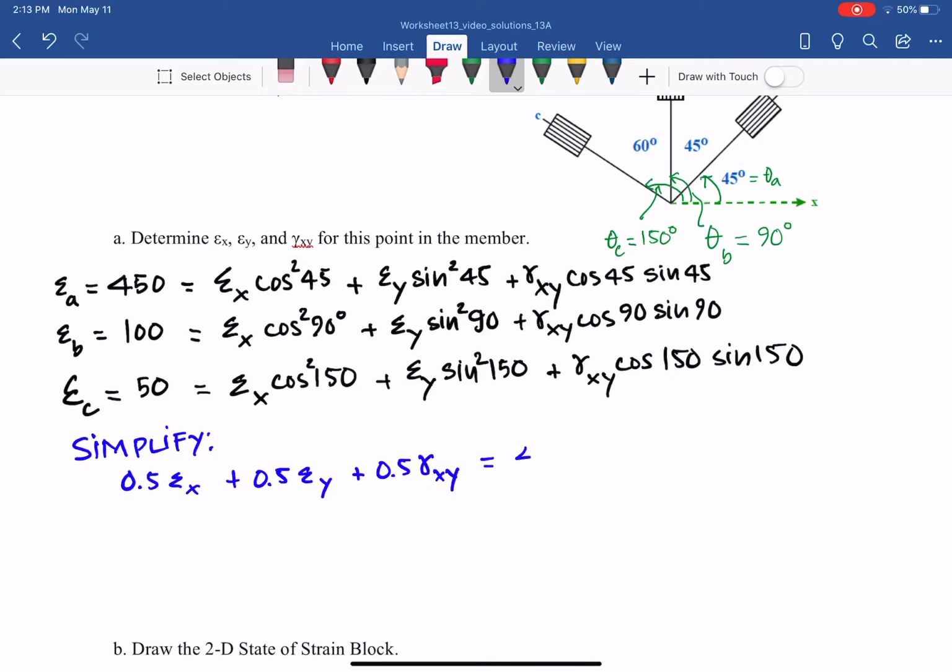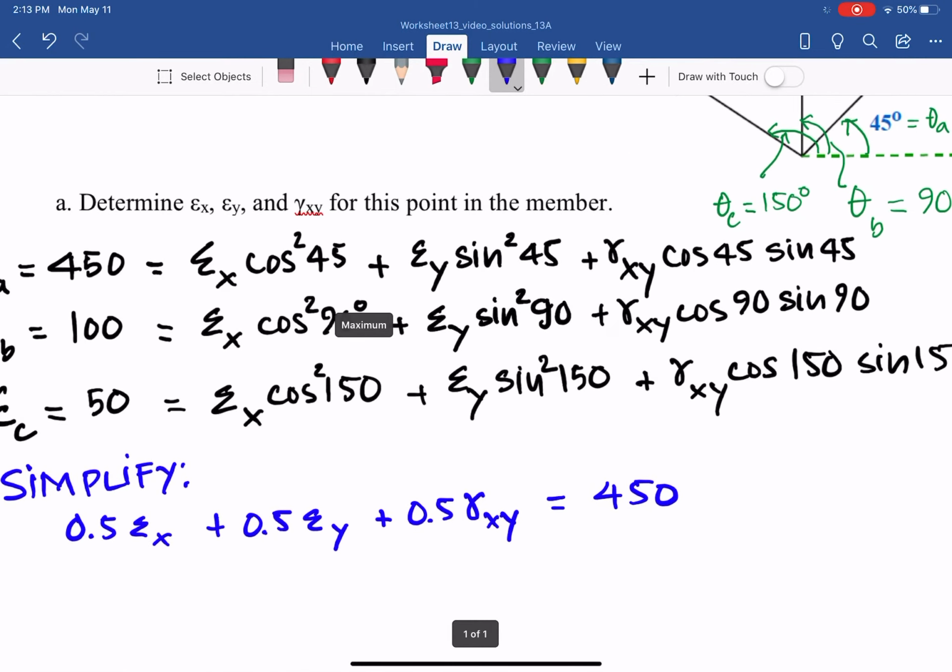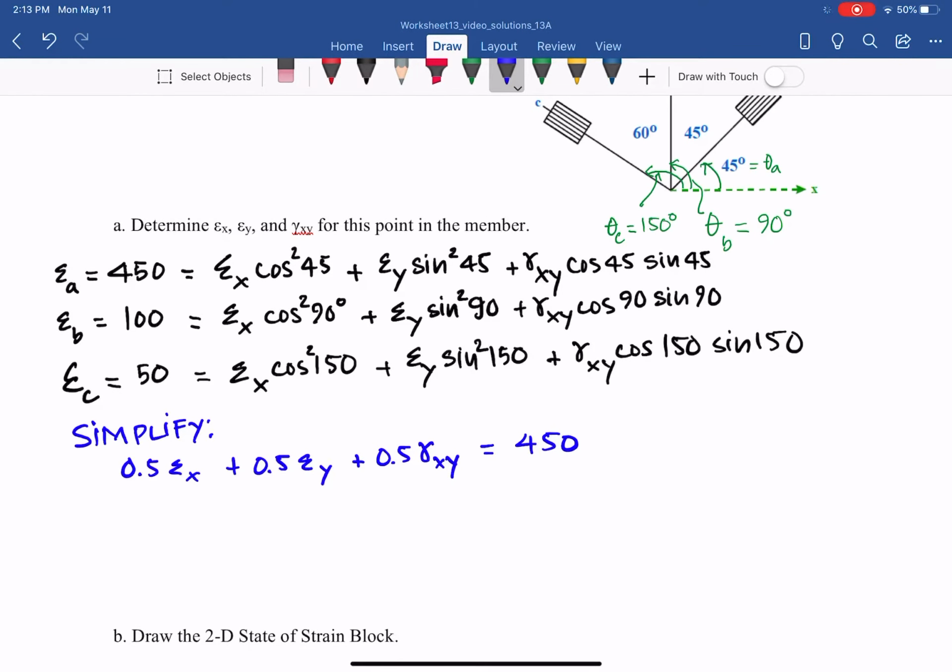The next one is 90 degrees, so cosine 90 degrees is 0. The first component and the third component involve cosine 90, which is 0. So you only have epsilon y times sine 90 degrees squared, which is 1. So the second equation is epsilon y equals 100 micro.